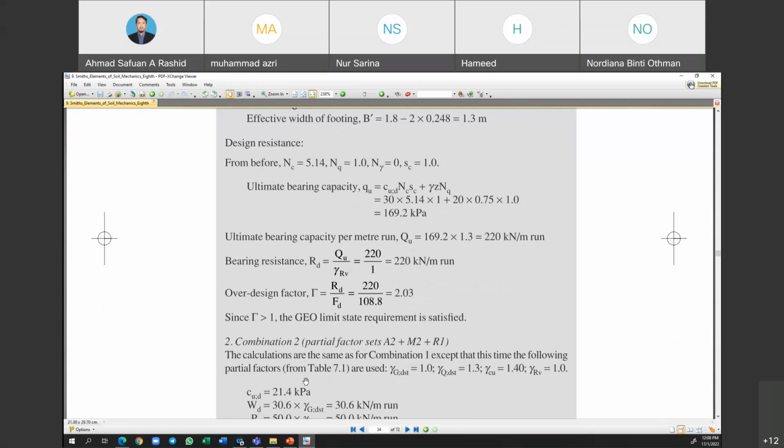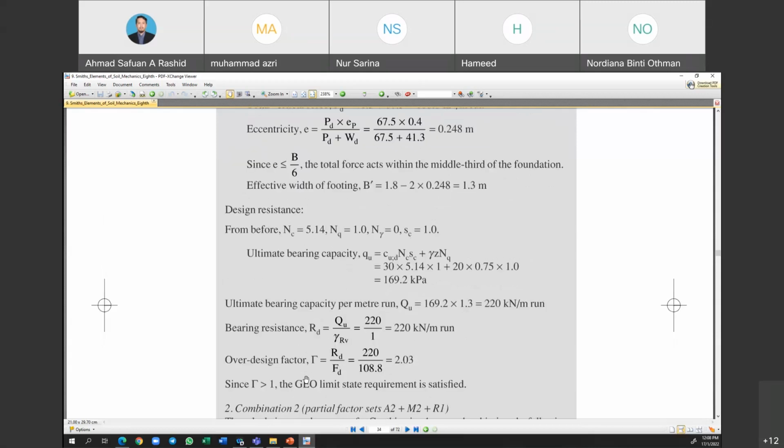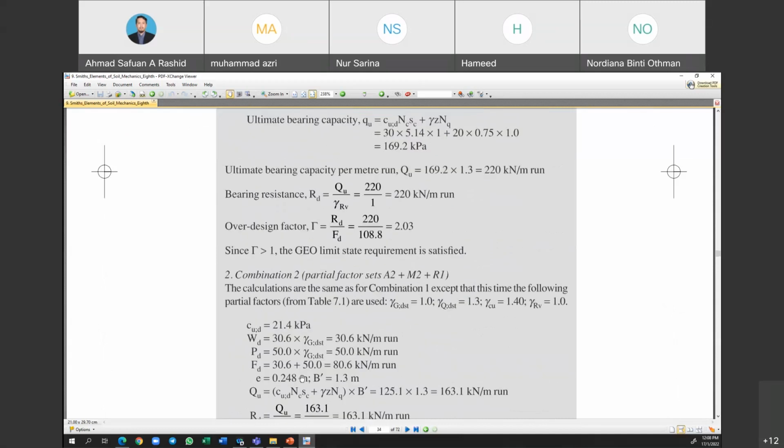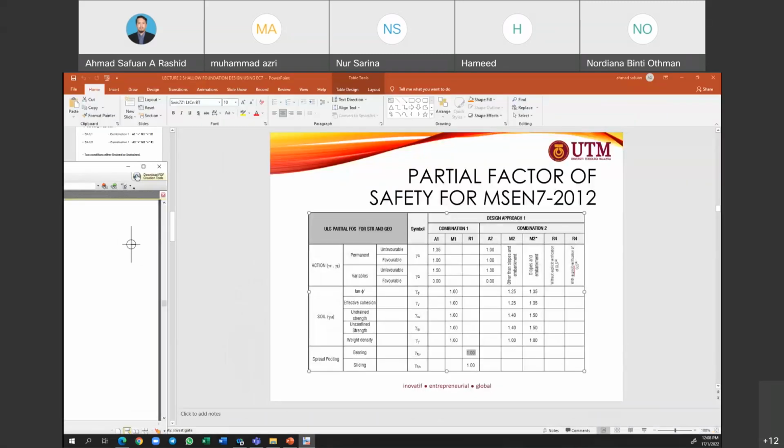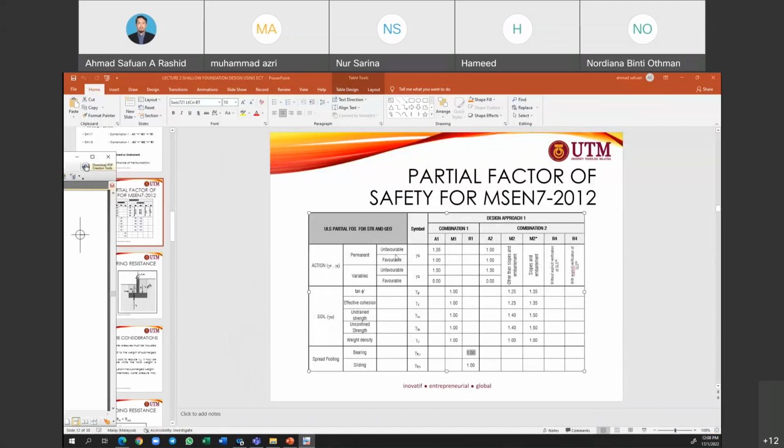Okay, so that is for combination number 1. Okay, so then we have here combination number 2. For combination number 2, we may look at the table. In here we have permanent unfavorable 1.0.